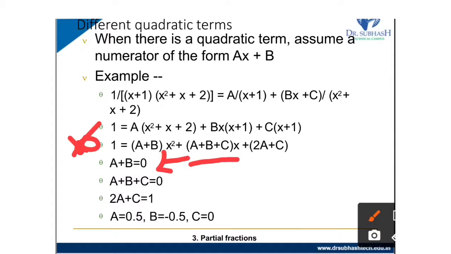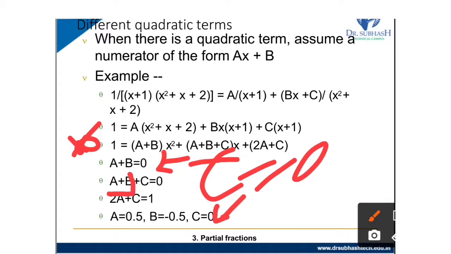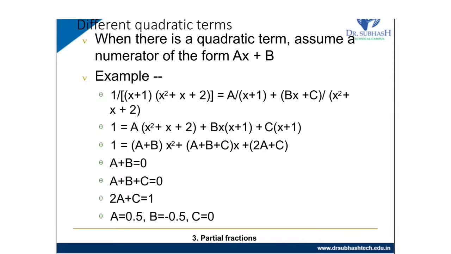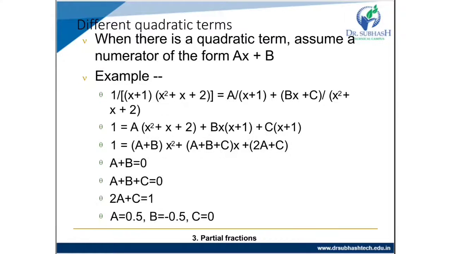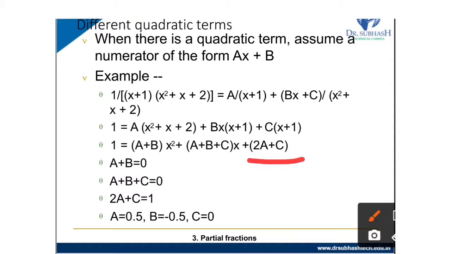So we put a plus b in this, and we get c equal to 0. Now the last term, 2a plus c, is the constant term, and on the other side it is 1, so 2a plus c equal to 1.